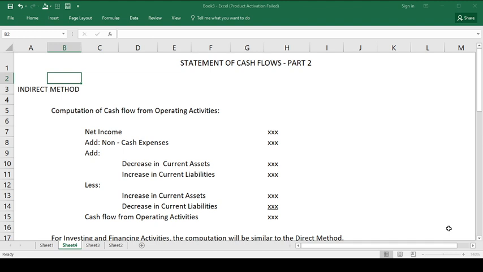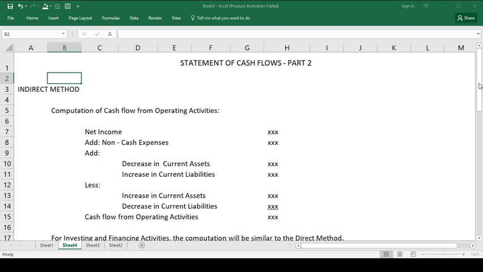Ibig sabihin po nun, if you use the direct method, kung magkano yung cash flow from operating activities under the direct method, yun din po yung figure ng cash flow from operating activities using the indirect method. In the business world, mas madalas pong gamitin yung indirect method.